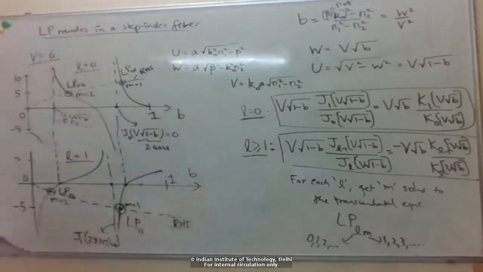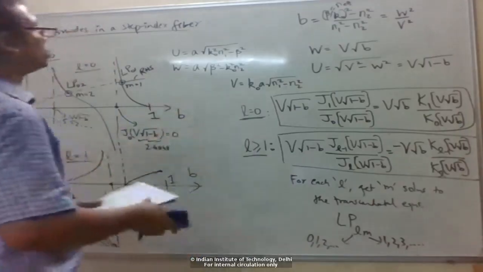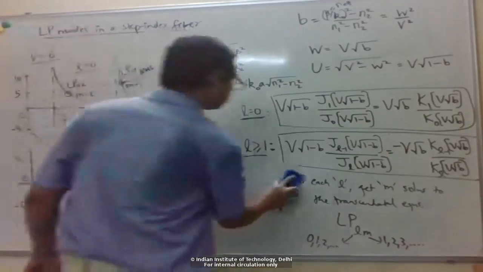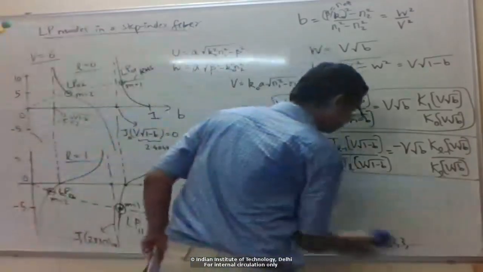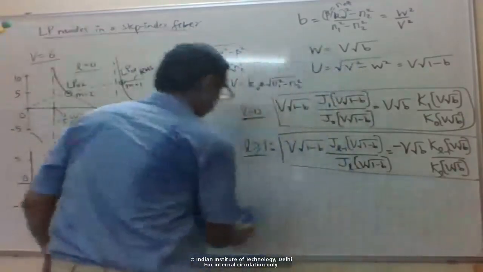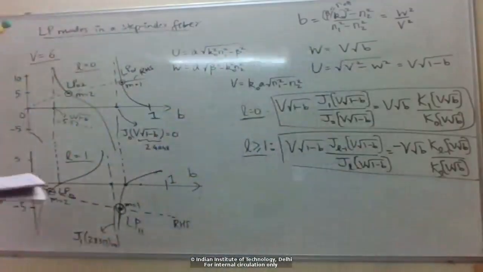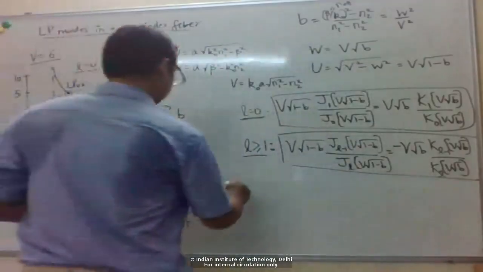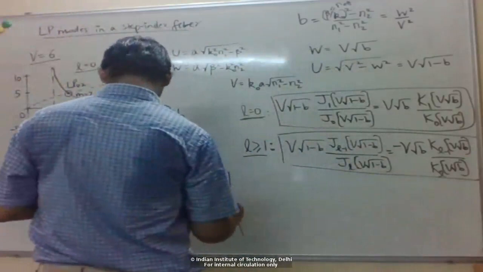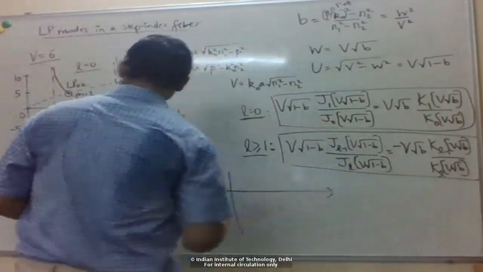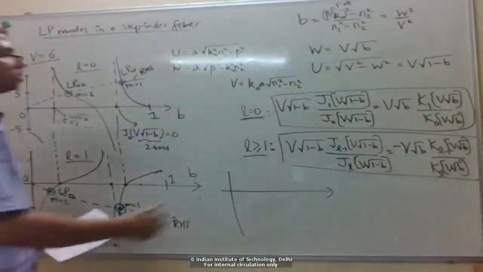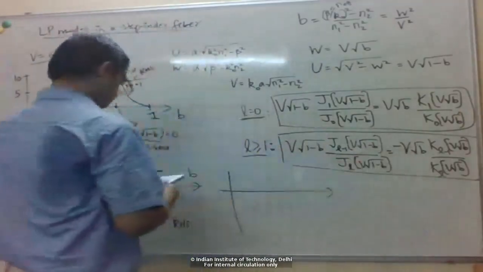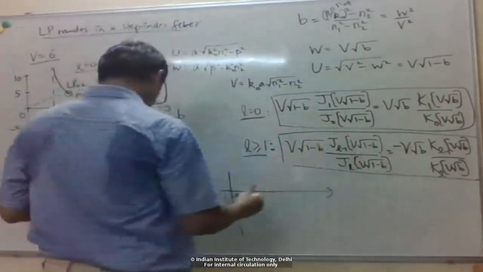So we basically keep going until we find intersections, right? So we found 2 intersections for L equal to 0, 2 for L equal to 1. Now we try L equal to 2. So again, L equal to 2 will look similar to this, because we use the same equation here. The indices just go up by 1.